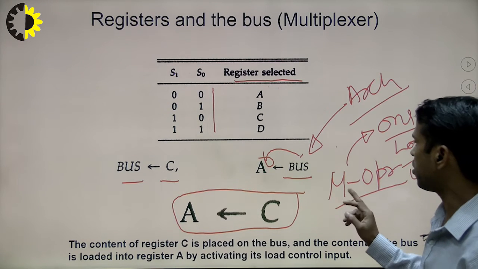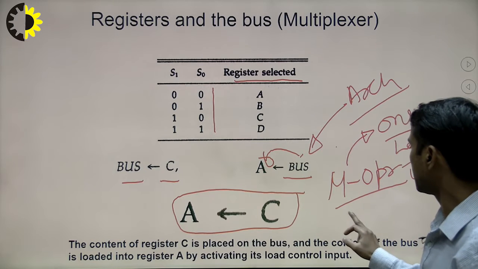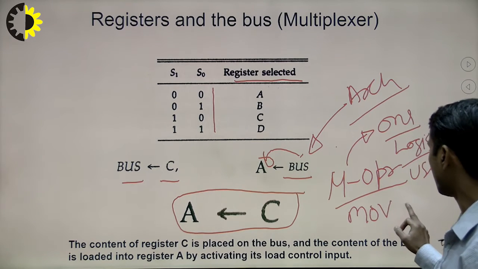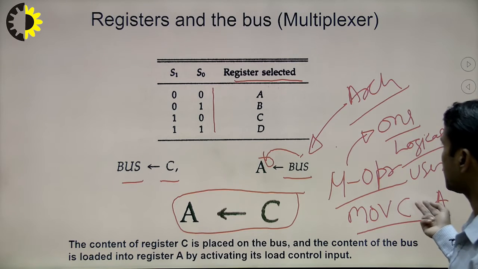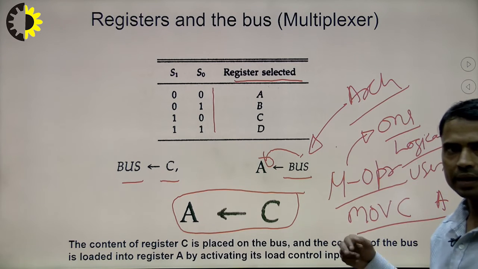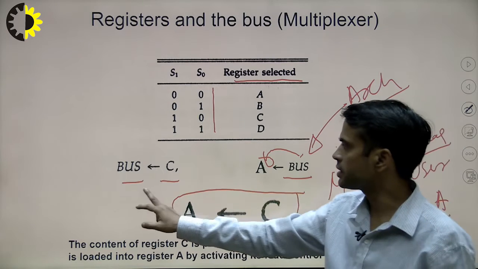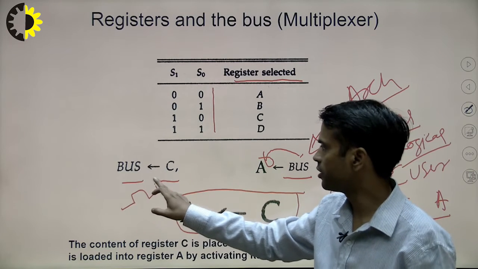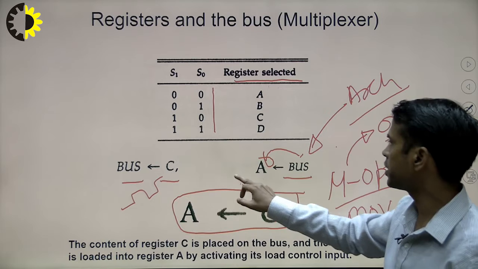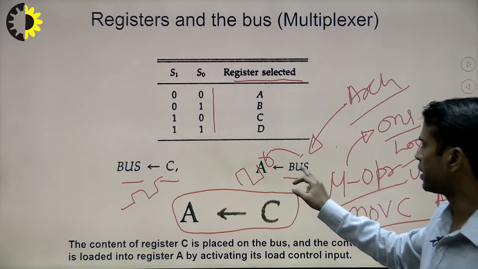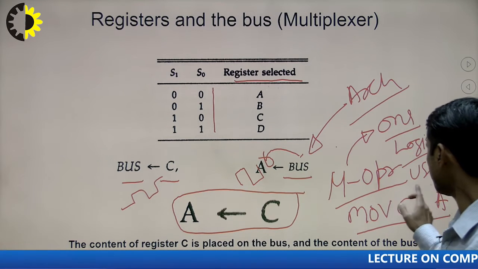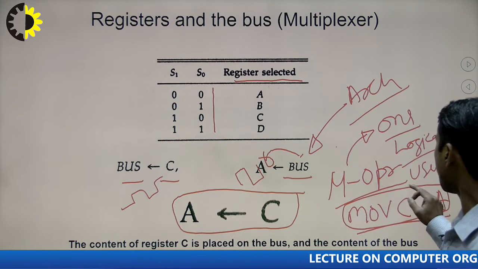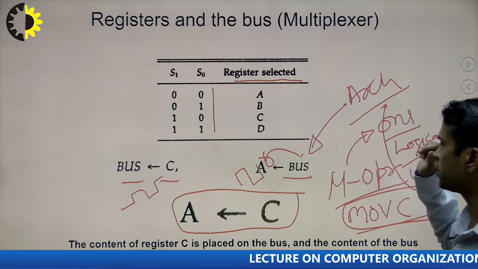So, the user only gives the instruction to move the content from register A to C. This move will be translated by the control unit, and the control unit will first generate this signal at one clock input, and at the next clock input it will do the transfer operation from bus to register A. So, this move CA is an architectural abstraction for the user.